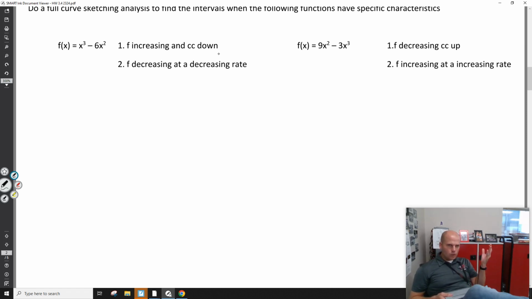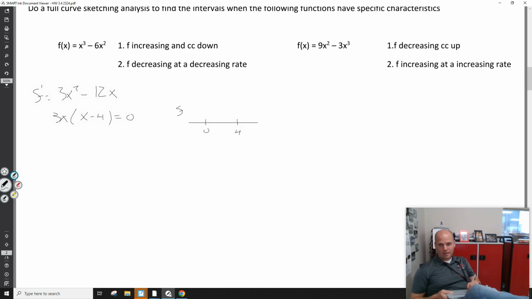So to answer these questions, we're going to do our full-on sign analysis of both our first and our second derivative. We're going to do step 2 and step 3 of human graphing calculating. So we're going to take our first derivative, set that equal to 0, and throw down our first derivative sign analysis.